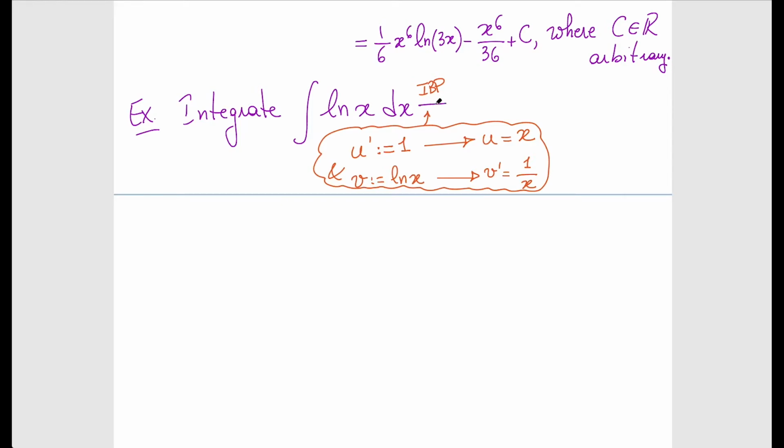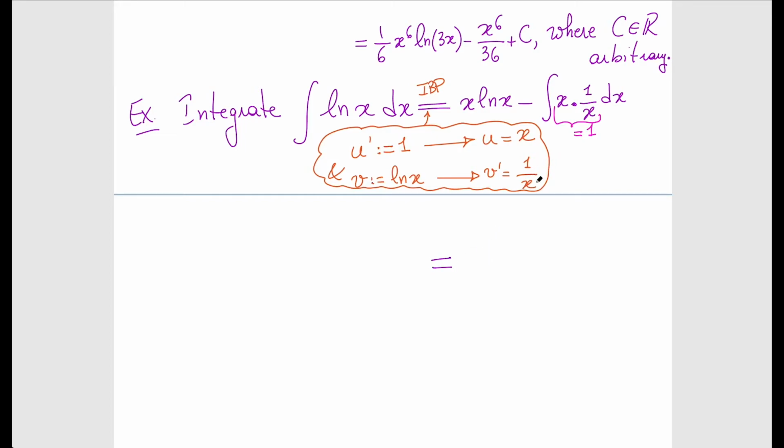So integration by parts, and I obtain what? If you go back to the formula, it's u times v, so x ln x, minus the primitive of u v prime dx, right? And u is x, and v prime is 1 over x dx. This integrand here is simply 1, because x divided by x is 1.